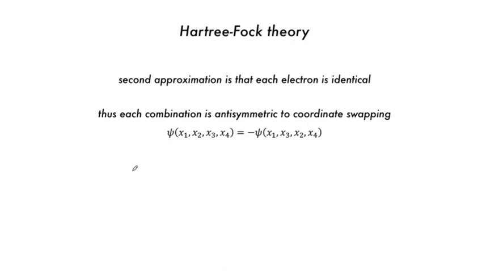So, for example, we take a simpler system, just a 2-electron system, where we have chi1 and x1. If we then have chi2, that's electron 1 and electron 2 in position 1 and 2.